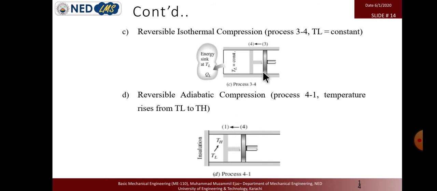And after coming to this position, we are putting the insulator again, like insulation in this example. So no energy will again be released from the system. In that position, the energy will not be released.